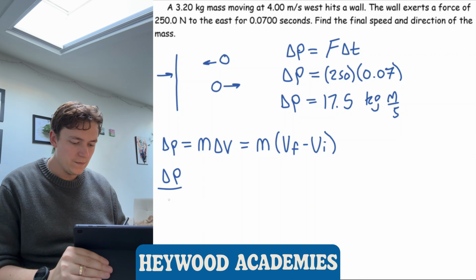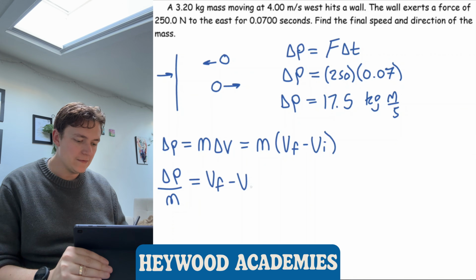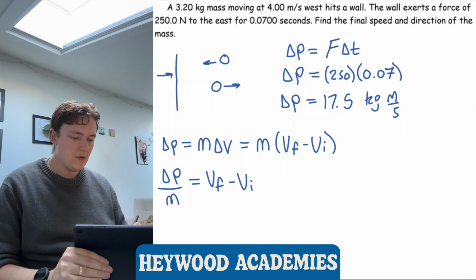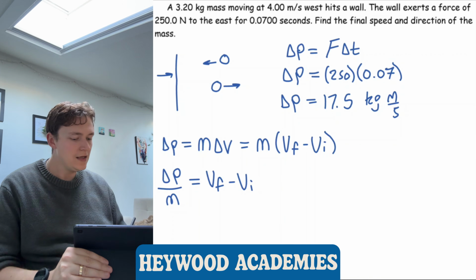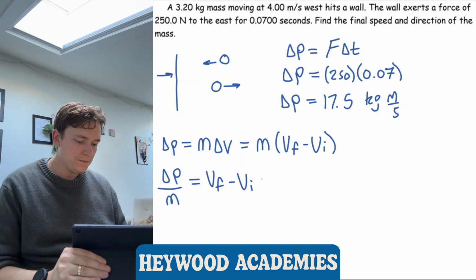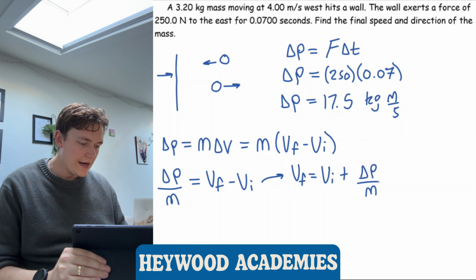So we'll go change in momentum over mass is equal to velocity final minus velocity initial. Now we want to solve for the final velocity, so that initial velocity has got to go to the other side. So if we add the initial velocity to both sides, that will work for us. So let's go ahead and do that. It's going to be the final velocity is equal to the initial velocity plus change in momentum over mass.